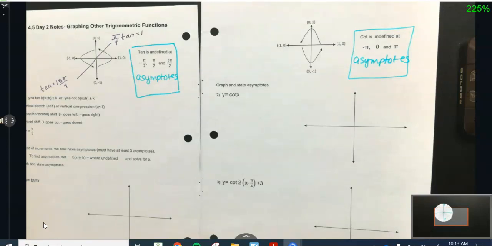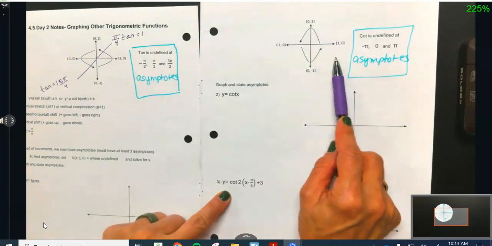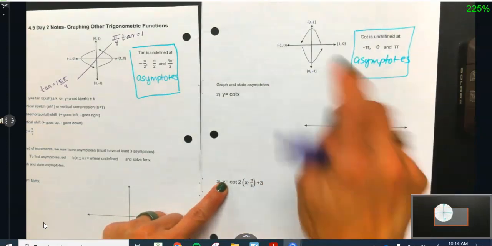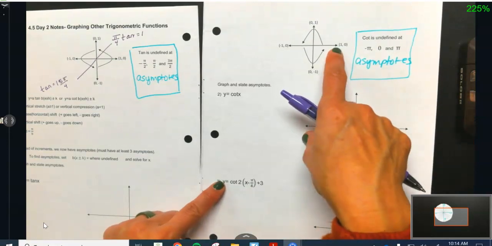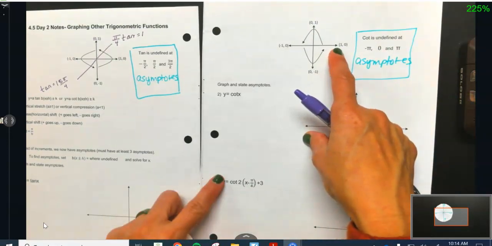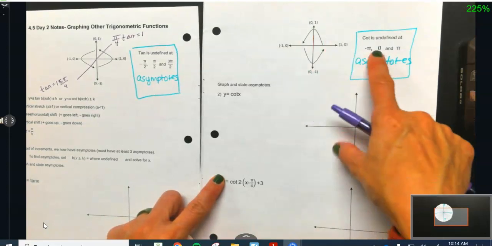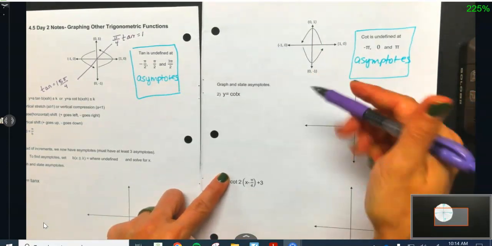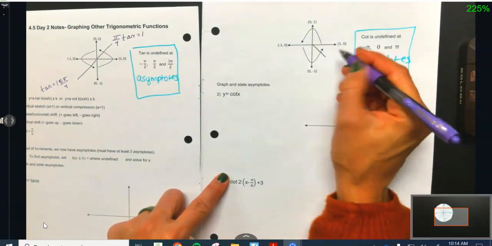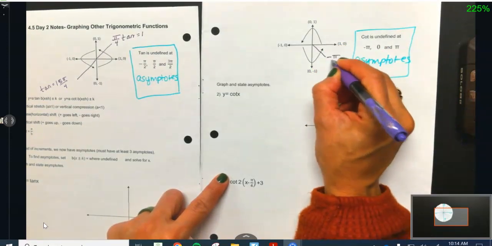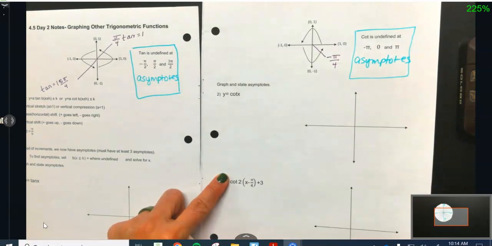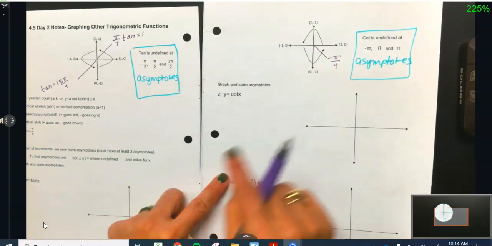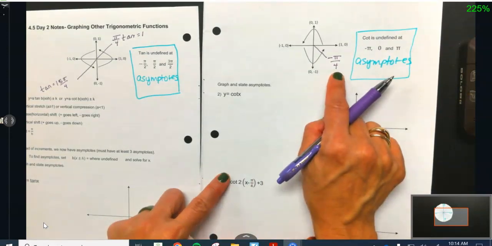Now look, let's go to cotangent. If I tried to start right here and talk about cotangent, I'd be stuck because I can't go up because it's undefined at 0. Let me go down. Remember, if you go down, it's negative radians. Where does that equal 1 for negative pi over 4?